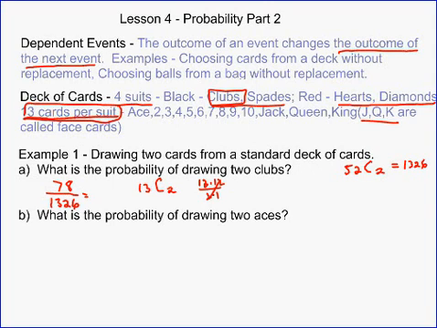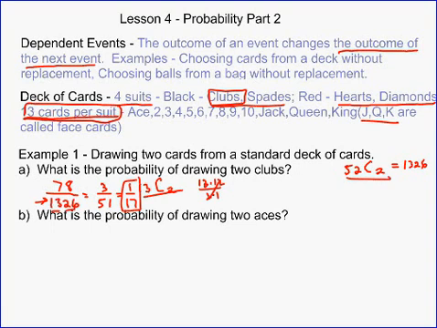I know 13 goes into 78, and I know 13 goes into 1,326, and they're both even, so at least 26 goes into both of them. 26 goes into 78 3 times, and 26 goes into 1,326 51 times. So it's at least 3 out of 51. Well, 3 does go into 51 17 times, and so the answer to this question is 1 out of 17. But essentially what it was was 13 choose 2 divided by 52 choose 2.